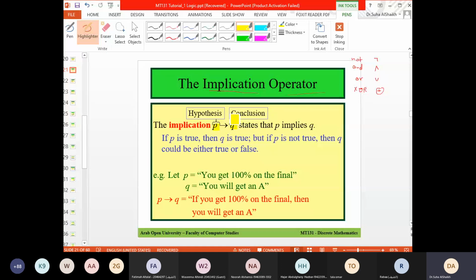So دائما عندي hypothesis وعندي conclusion. Something lead to something. مثلا you get 100% in the final, you will get an A. If you get 100% in the final, then you will get an A. فلازم لما نشوف السهم معناها if and then. Okay? فهذا معنى الimplication operator.